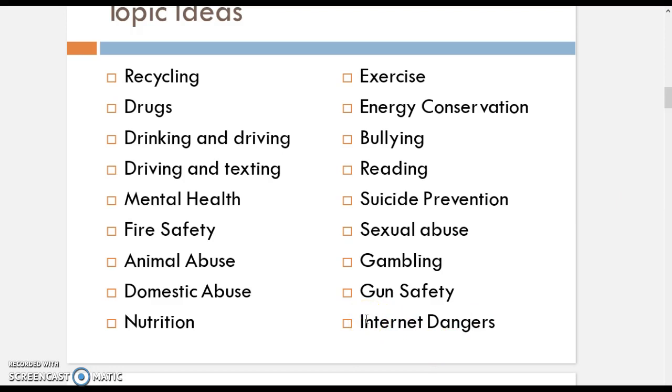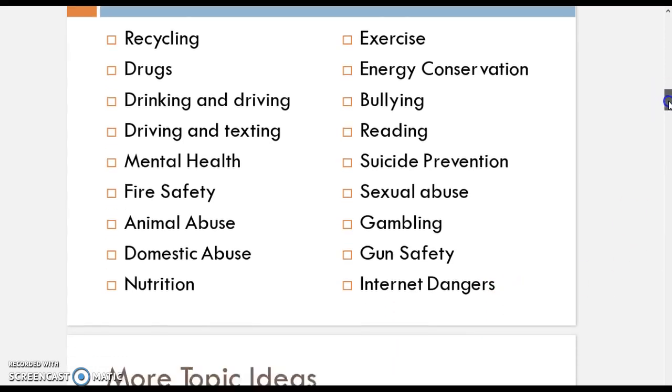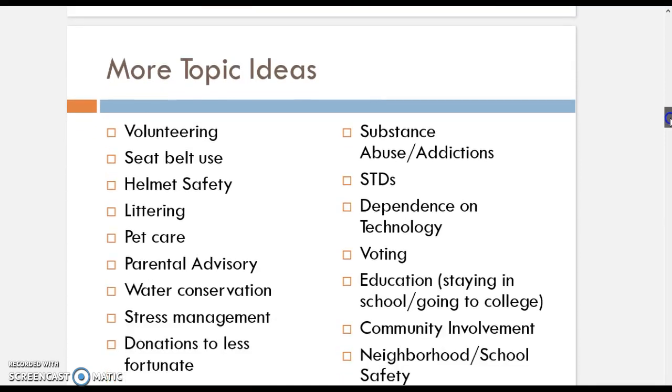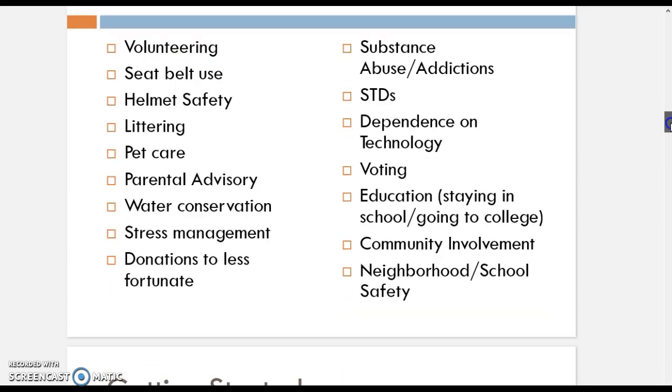So like let's say you want to pick identity theft and you want to convince people to take precautions, then just focus on identity theft as opposed to focusing on all the dangers that exist in the internet. So I also have another slide with more topic ideas because there's a lot.